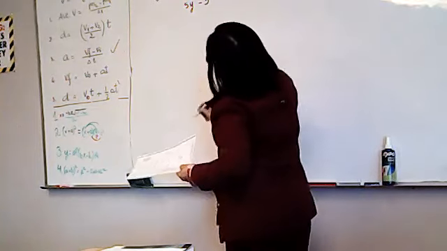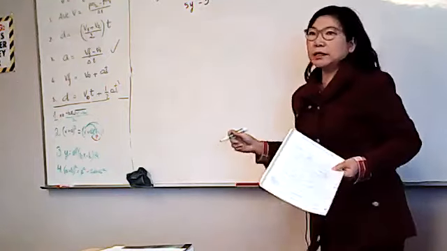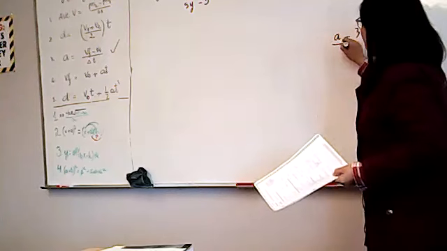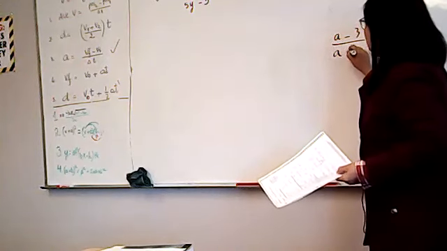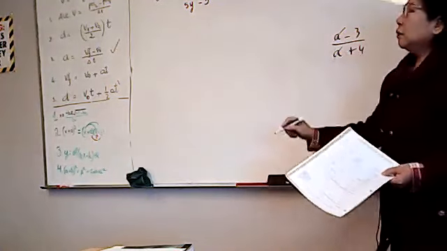So let's just simplify. When you simplify, if you have an a minus 3 divided by an a plus 4, we can never cancel like that.